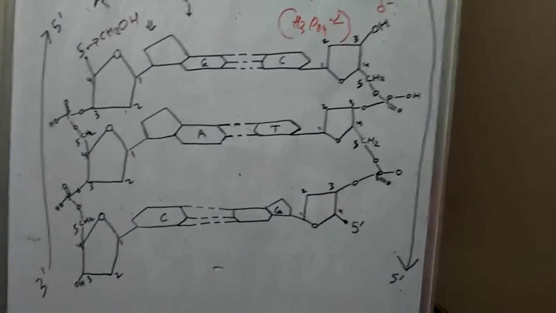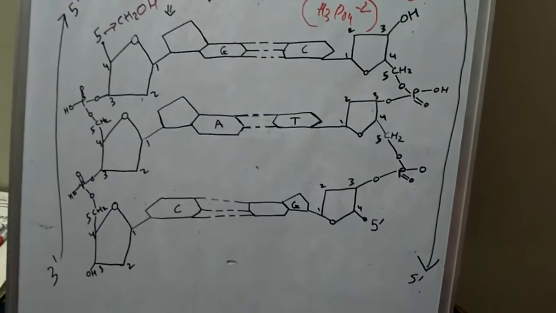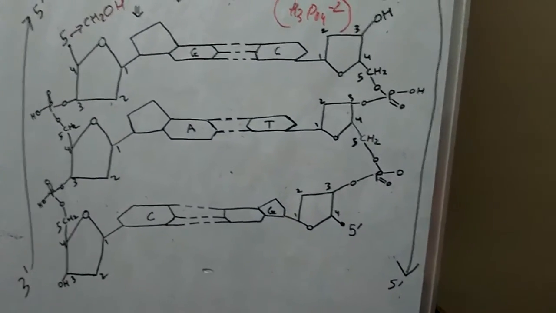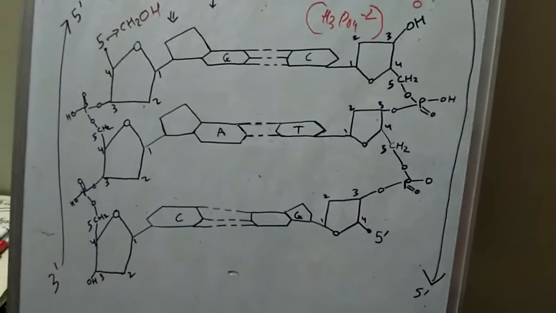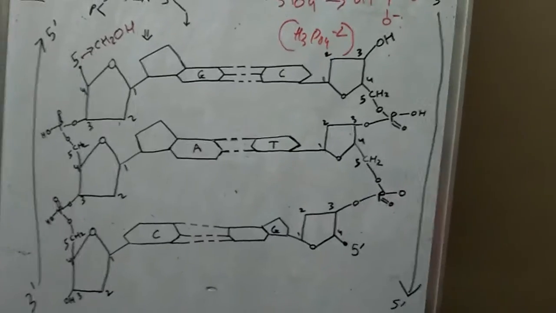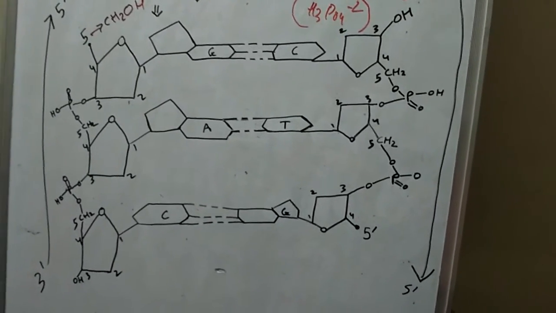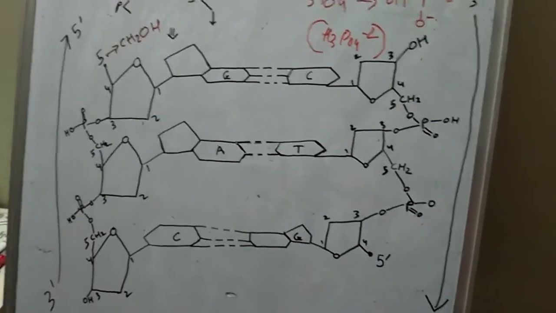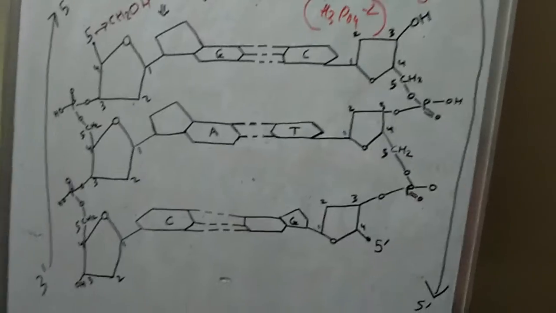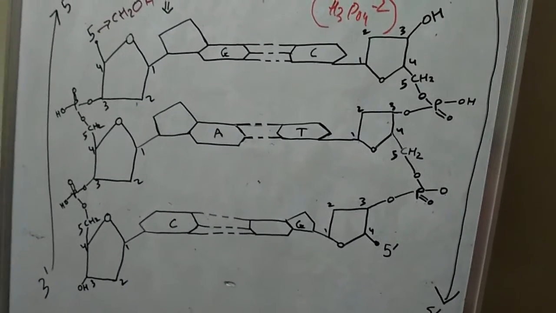It is not at all difficult. If you practice this maybe 5 times, you will master it, trust me. So just remember this diagram, just practice it on your own without any help, and just try to understand the orientation, the position of carbons, and you will be able to understand and you are good to go.